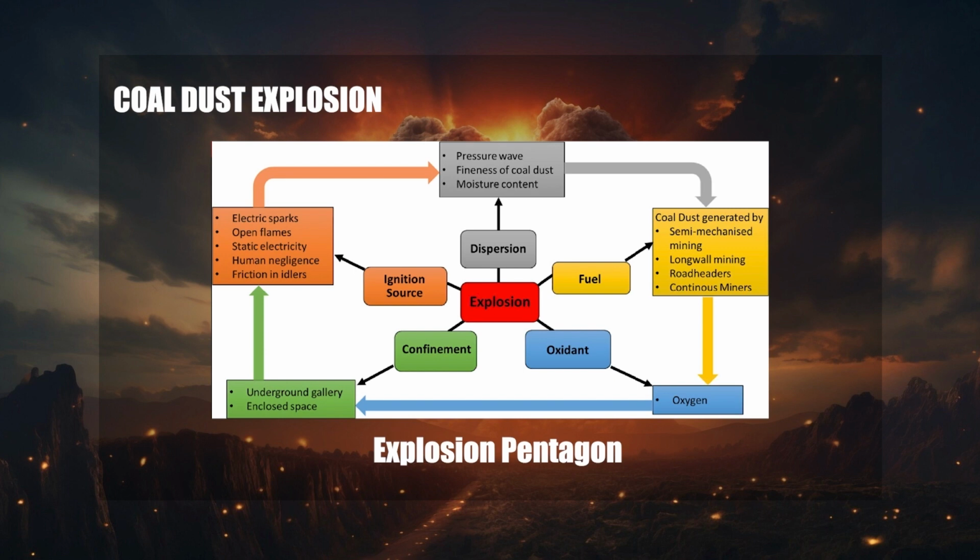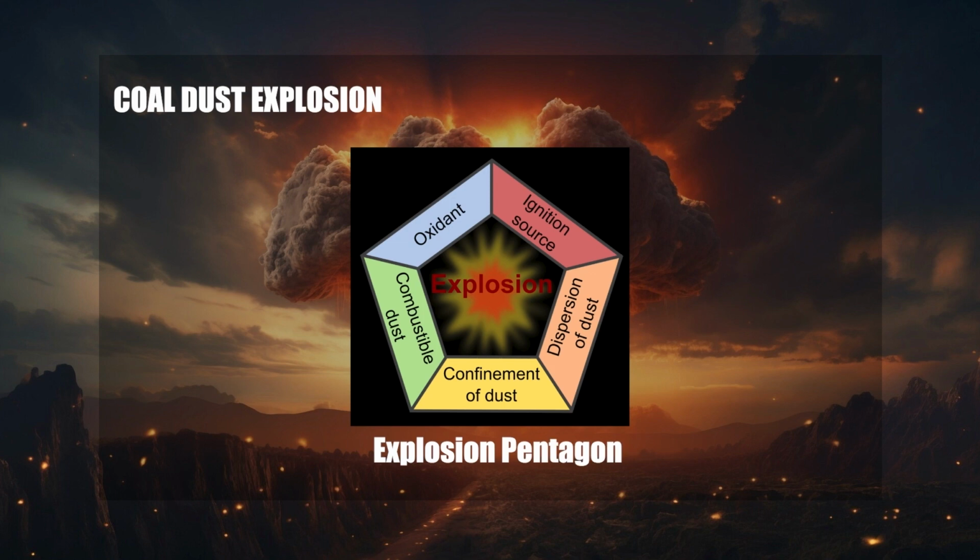Absence of any one parameter leads to the inability of coal dust to explode in underground coal mines. This is the final explosion pentagon. You can see the 5 parameters: oxidant, ignition source, dispersion of dust, confinement of dust and combustible dust. This is our explosion pentagon.